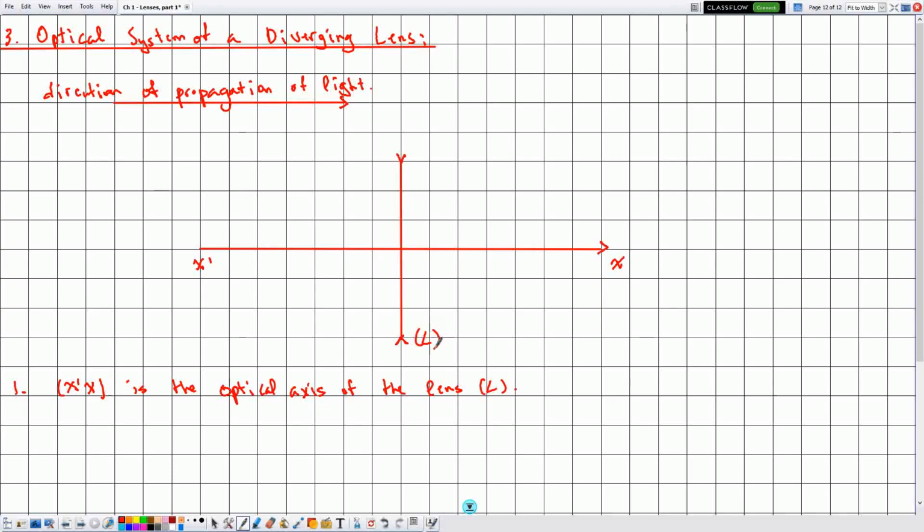Okay. Then idea number 2, L is a diverging lens. And the point of intersection between the optical axis and the lens is O. Then O is the optical center. Why?